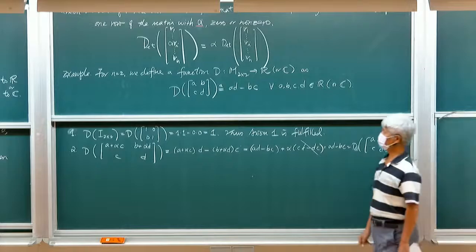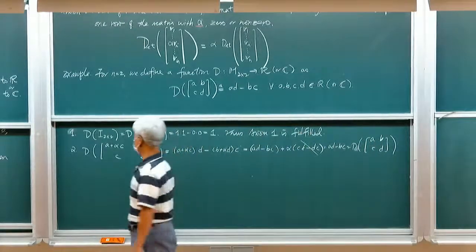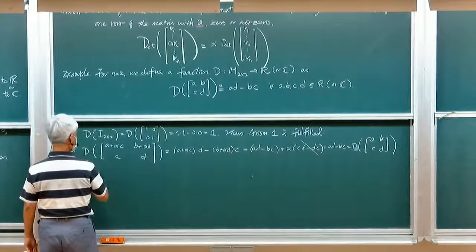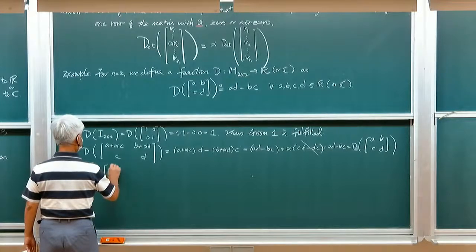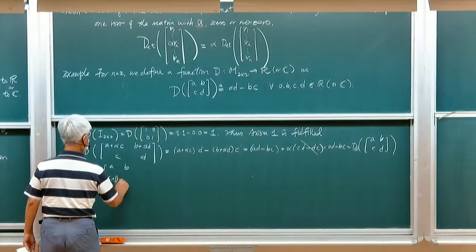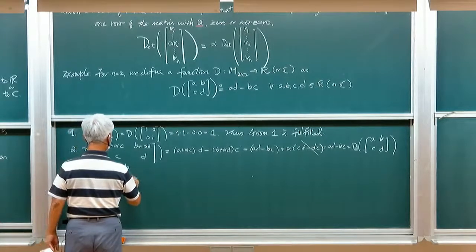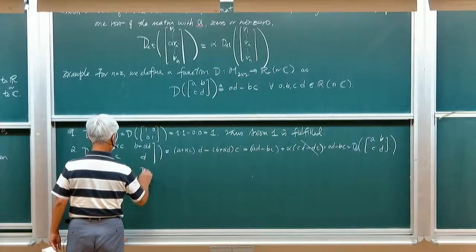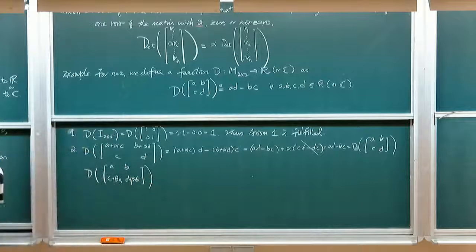There is another possible replacement operation here. Also, you can have A, B, C plus beta A, D plus beta B. This is another possible replacement operation.